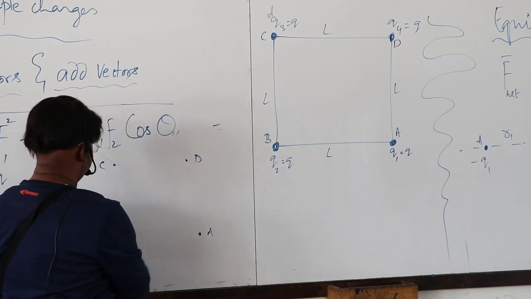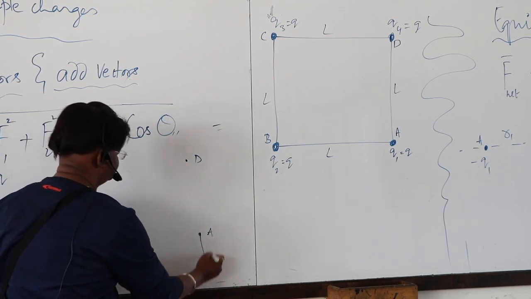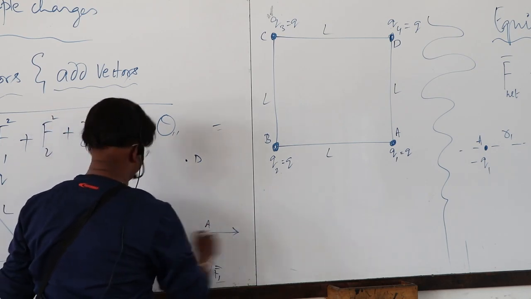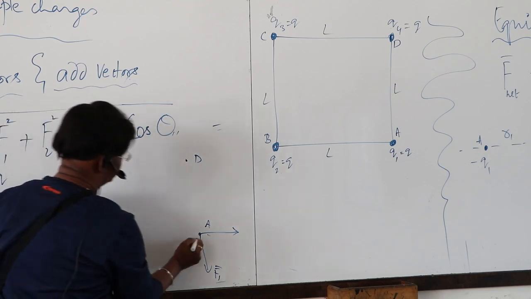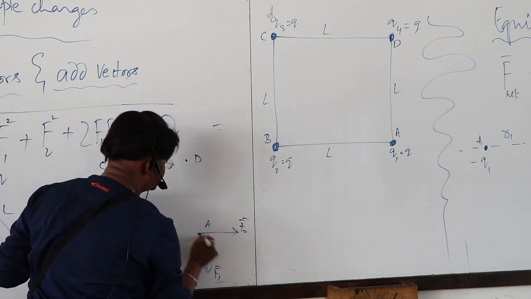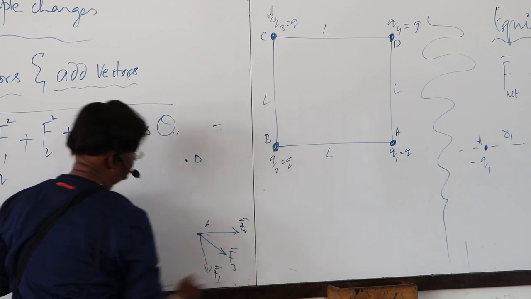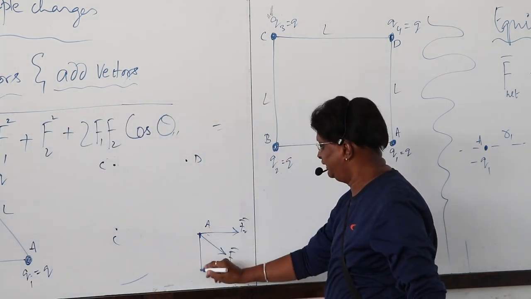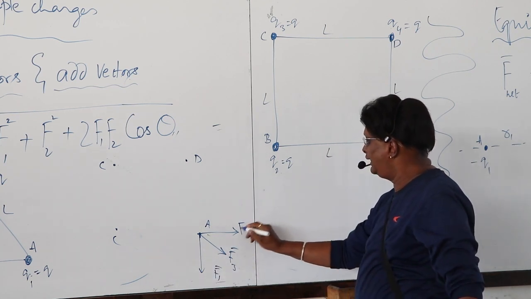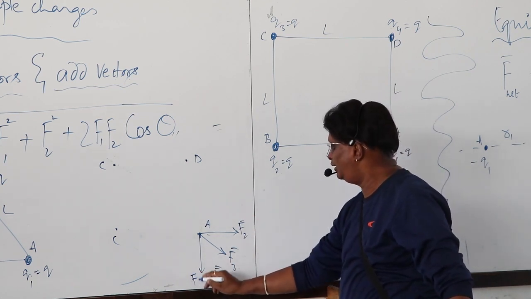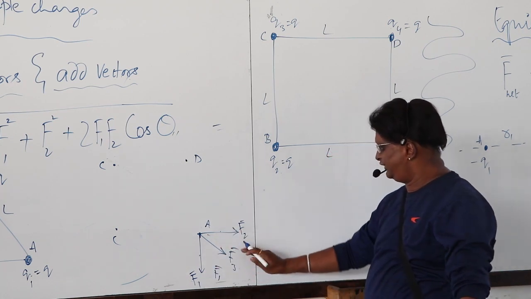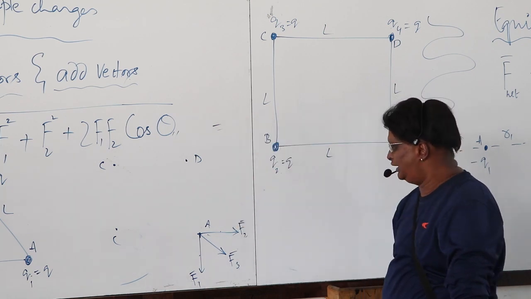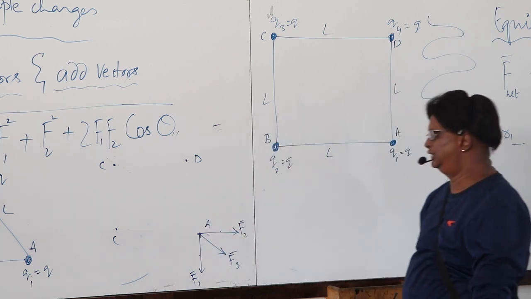Therefore now it becomes easy. Repulsion: one vector F1 bar, repulsion, away from this charge, and this is also repulsion, F2 bar, and this is F3 bar. Likewise, here you will find three vectors where F1 bar and F2 bar are at right angles, and F3 bar, due to the diagonally opposite charge, lies along the diagonal.